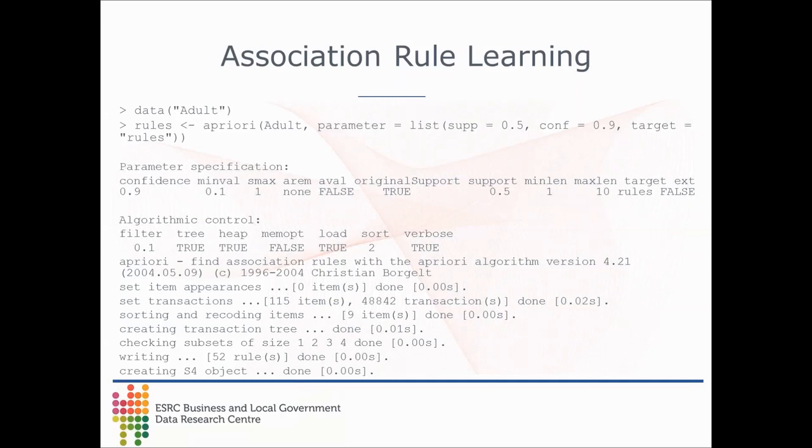Now I've got my data set, which is adult. I'm basically applying a list of parameters. I don't need to apply these parameters. I could just as easily set it up so that I just run it against adult.